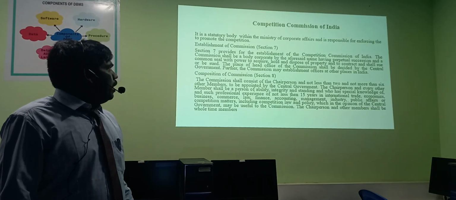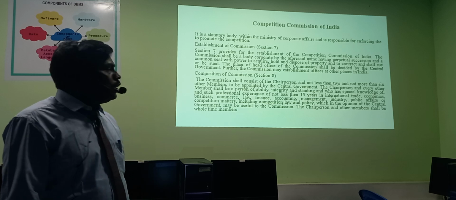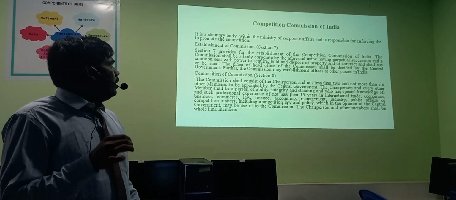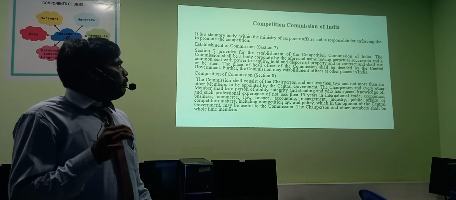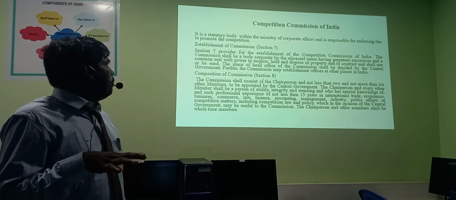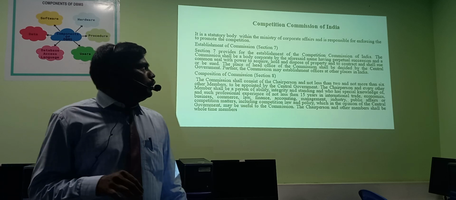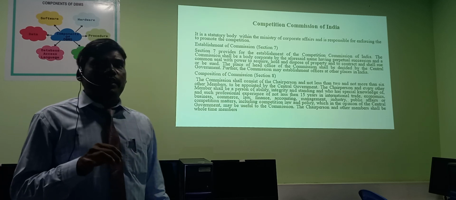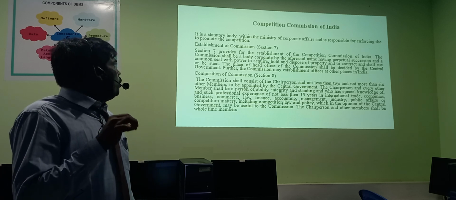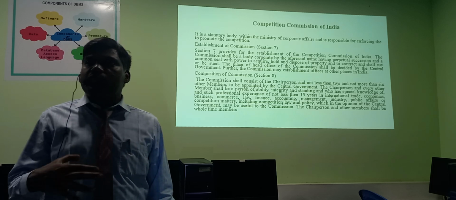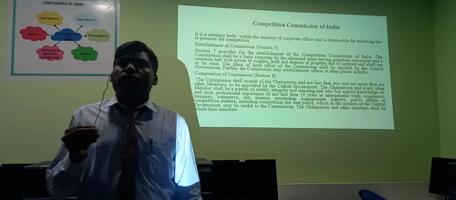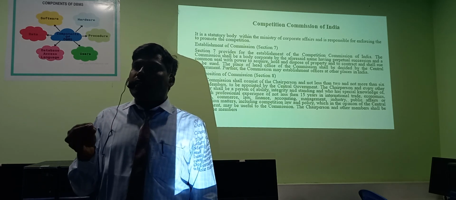Next, the Competition Commission of India. The Competition Commission of India is a statutory body under the Ministry of Corporate Affairs and is responsible for enforcing and promoting competition. It is the commission to promote competition in the market. Nowadays competition is a more powerful tool in India.